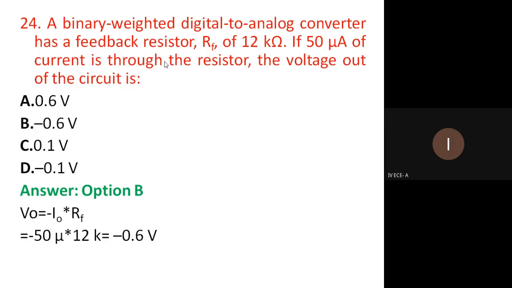Here the option is B, minus 0.6 volts. Here they have given the resistance value and the current value. We have to calculate the voltage value. So V is equal to I into R. Here we give the signals into the inverting terminal, so we put a minus sign in front of the equation. So VO is equal to minus IO into RF, so minus 50 microamperes into 12K. It gives minus 0.6 volts.